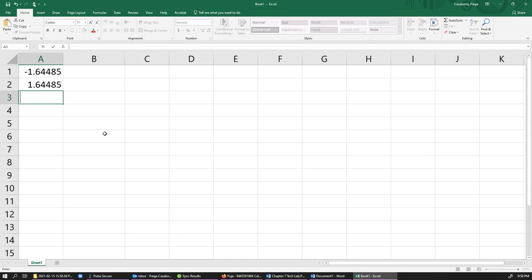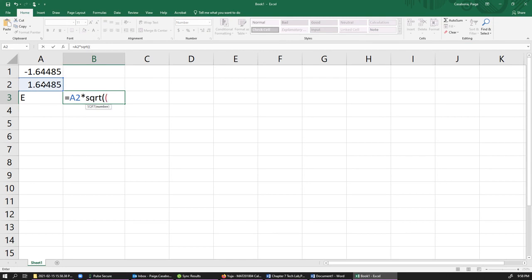So this is my margin of error, E. This is the critical value, which I already computed. I'm just going to click on that cell, times the square root, which is SQRT.